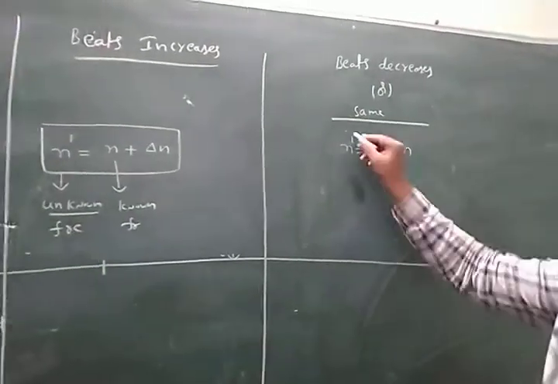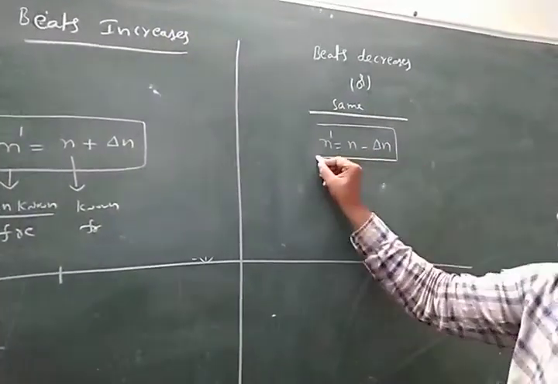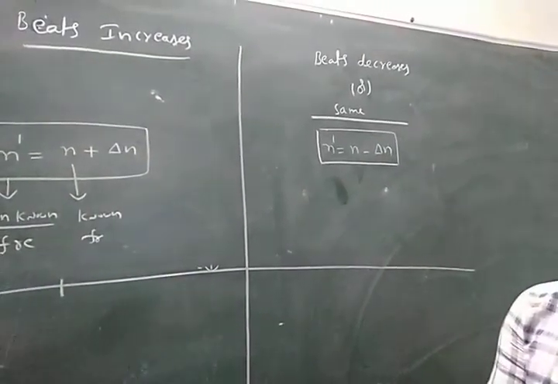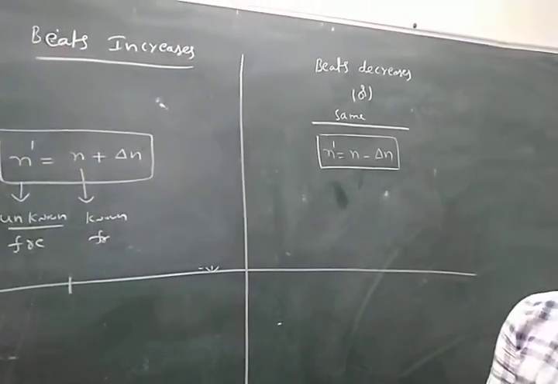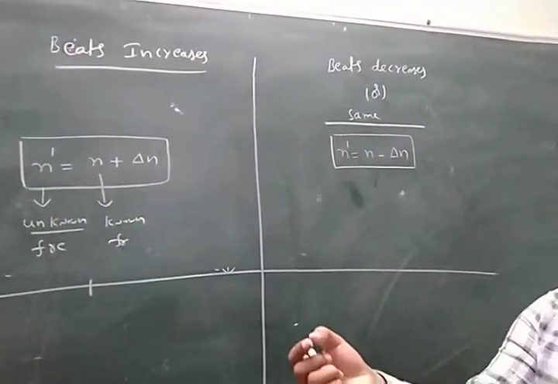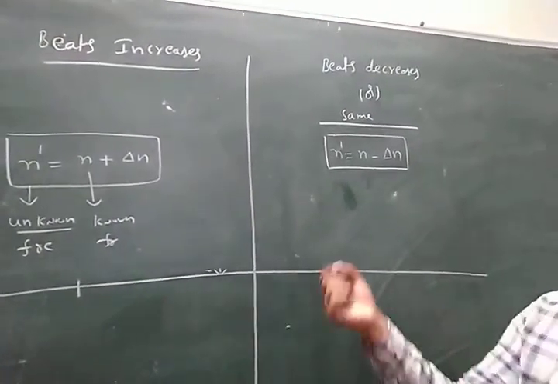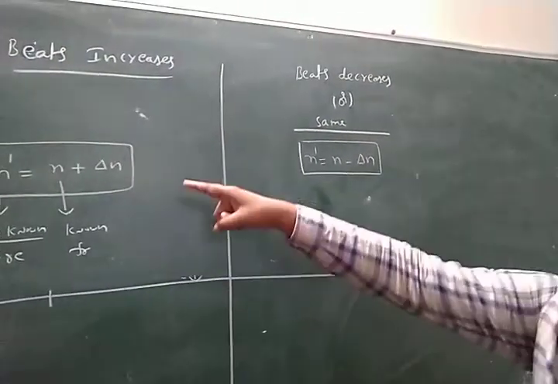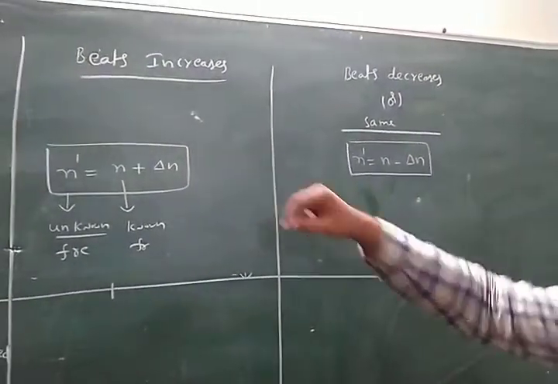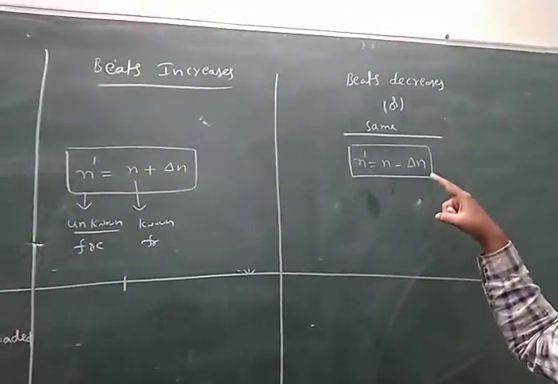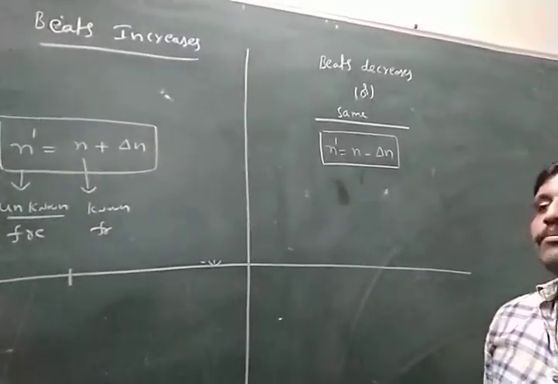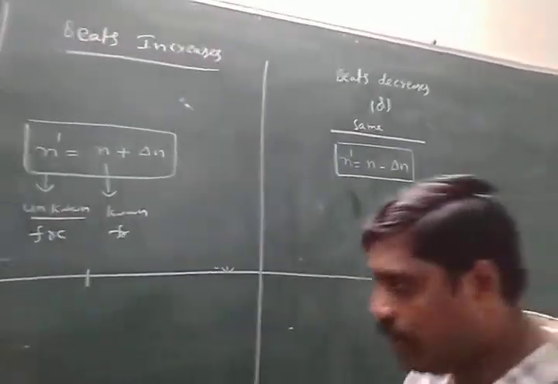This formula is applicable when the beats decrease. Known fork loaded with frequency 250 Hz: if beats increase, n plus delta n; if beats decrease, n minus delta n; if beats are same, also n minus delta n.